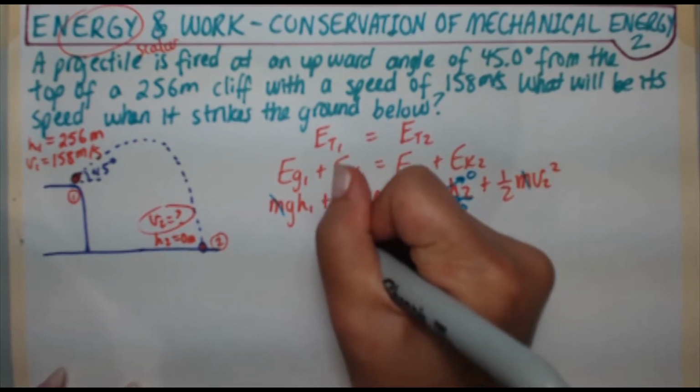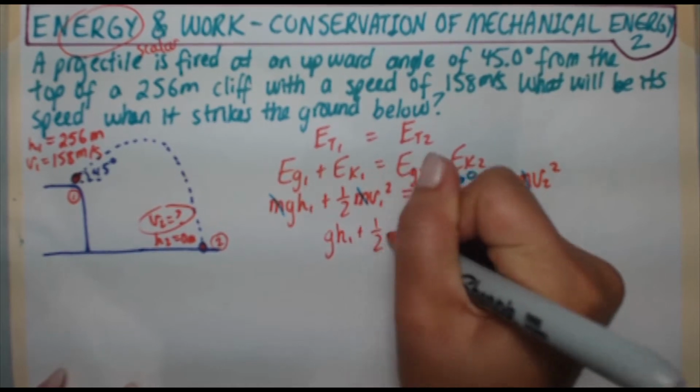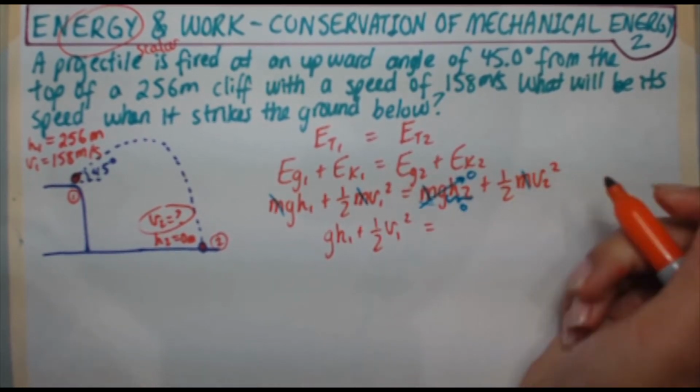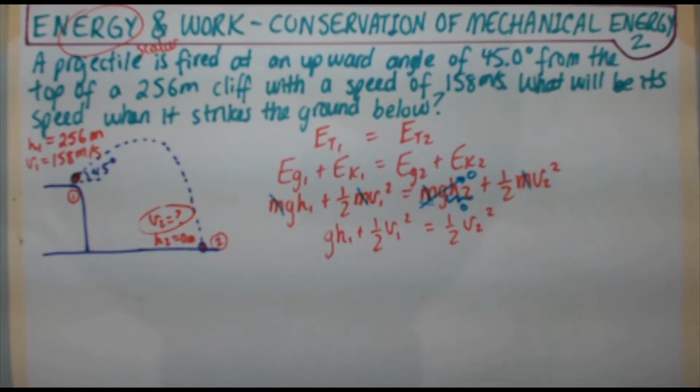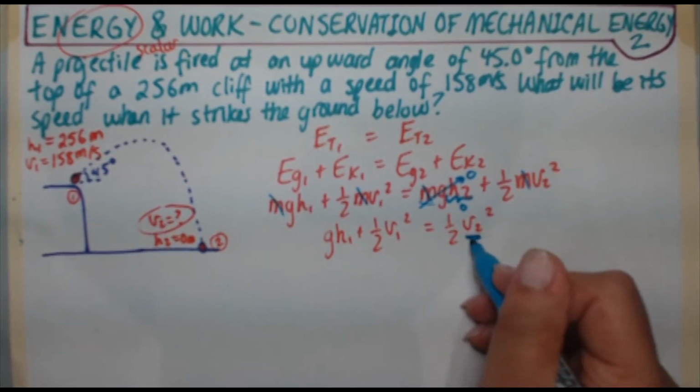So let's rewrite what we have left. We have gh1 plus 1/2 v1 squared equals 1/2 v2 squared. Although this expression isn't as easy as the ones in videos 107, 106, we can still plug this in and solve it. And all we're looking for here is v2.